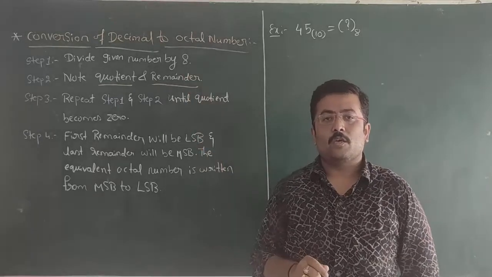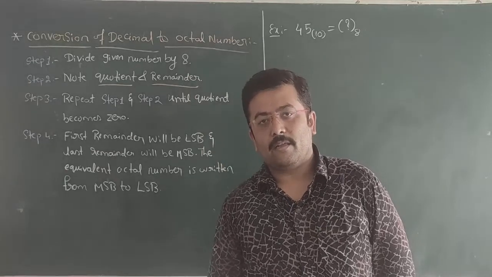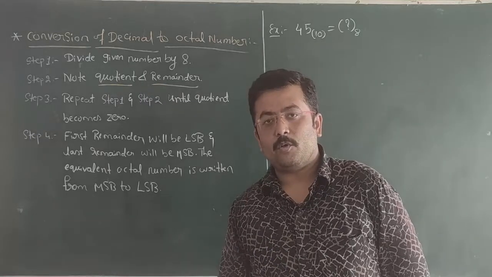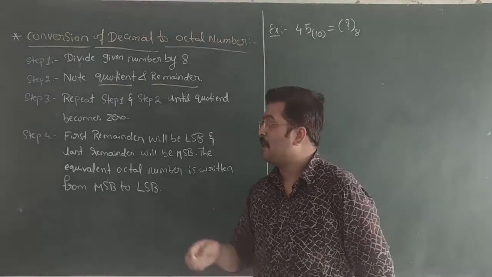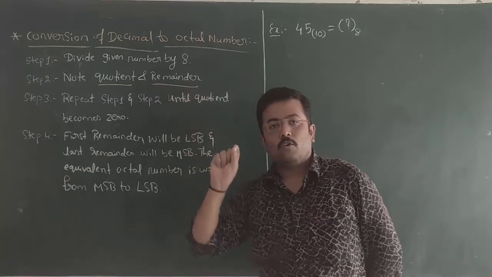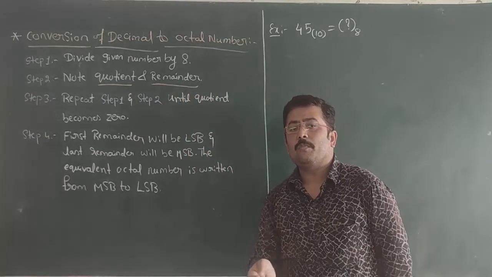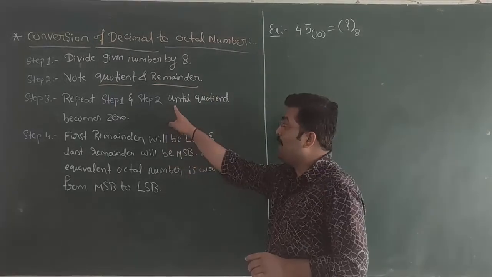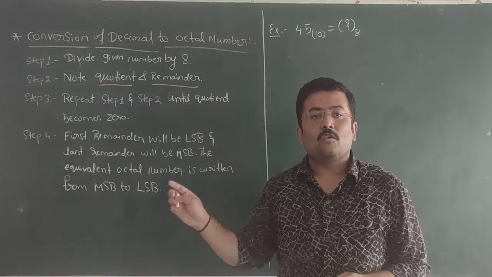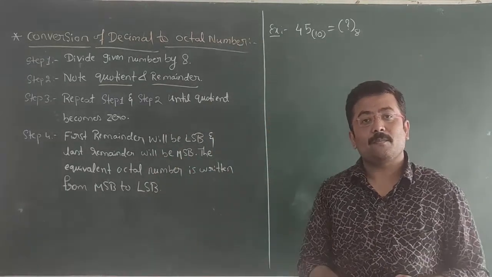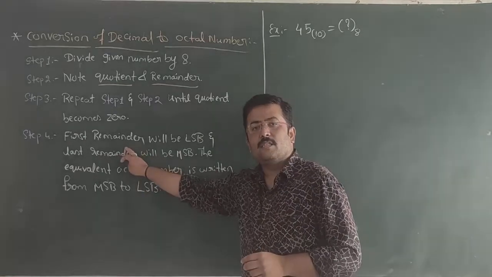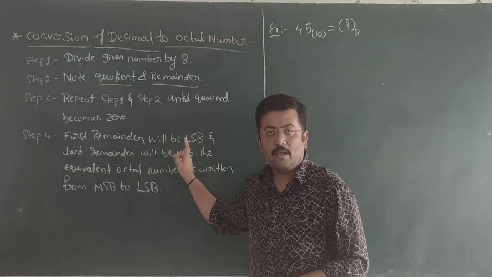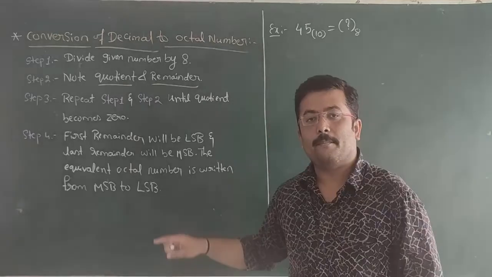Step 2 is to note down the quotient and remainder. Step 3 is to repeat step 1 and step 2 until the quotient becomes 0. After completing step 3, when the quotient becomes 0, the first remainder which you noted will be my LSB, and the last remainder is called MSB.